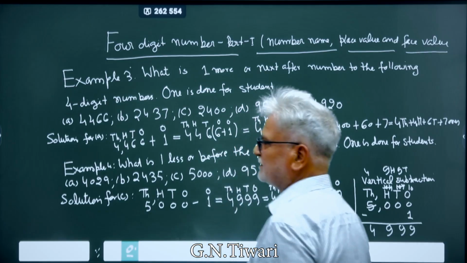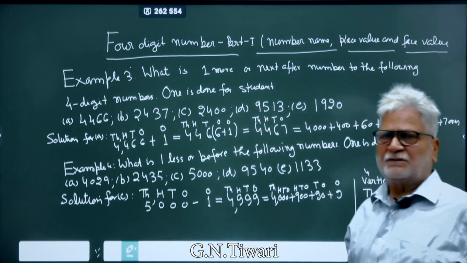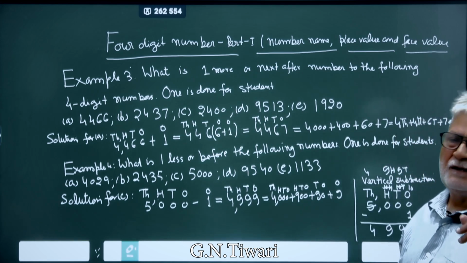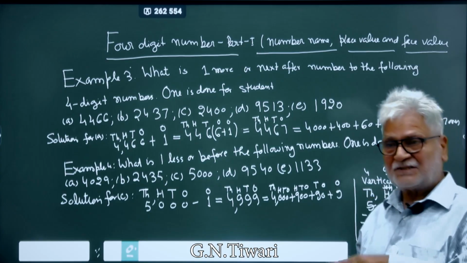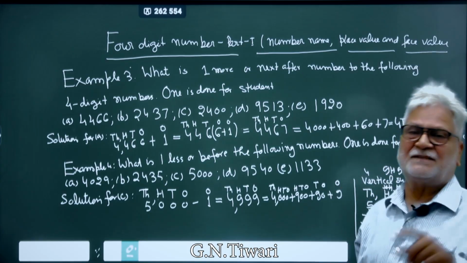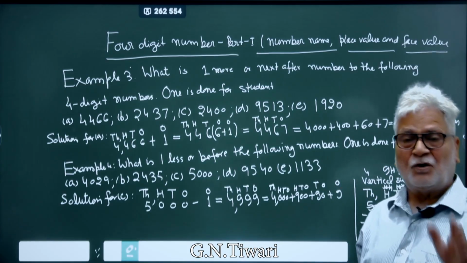Ask the students for any question, they should not forget to write the position of the digit first, second, third, fourth, ones, tens, hundred, thousand. Repeating many times only because of that.